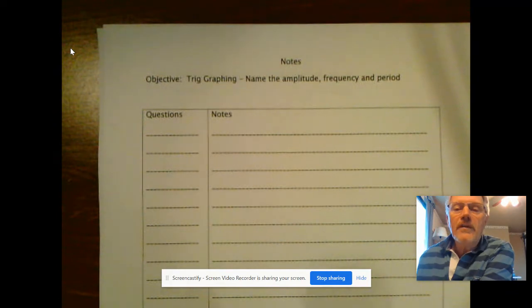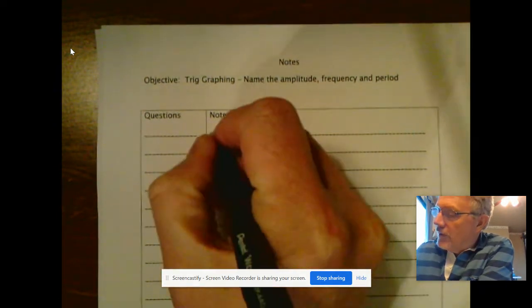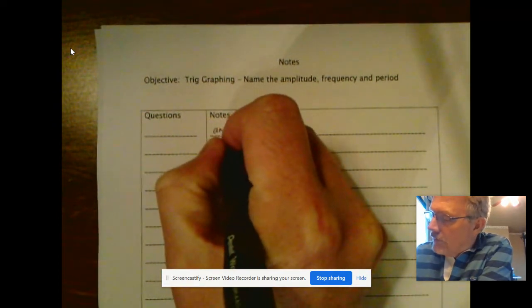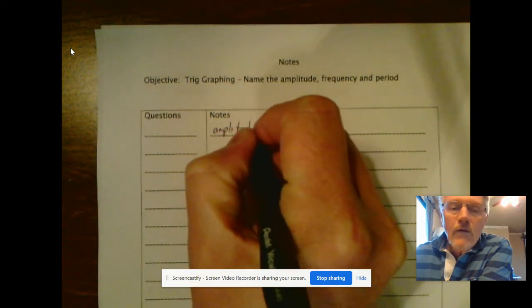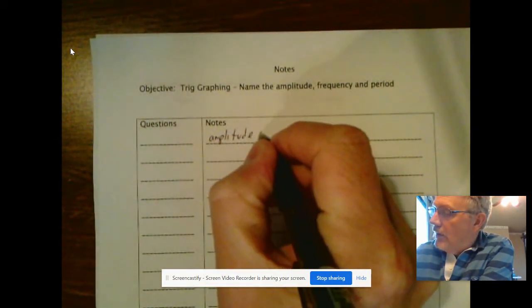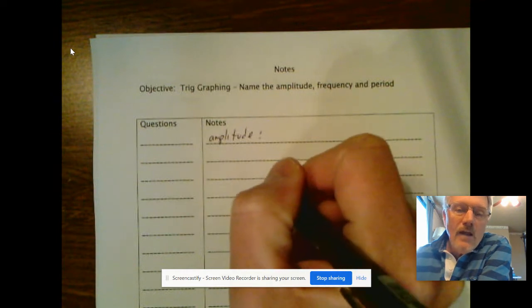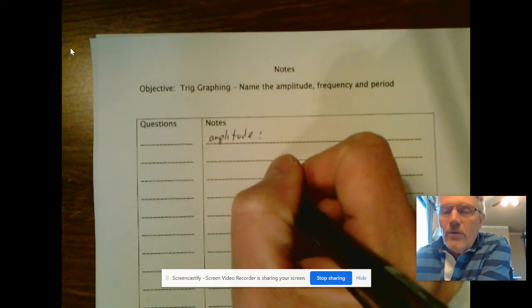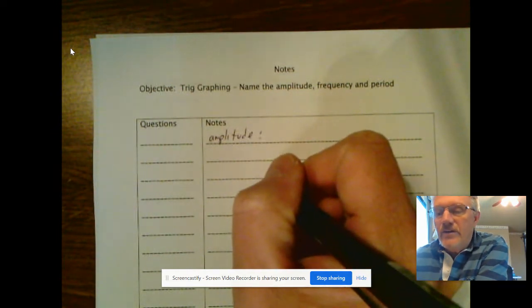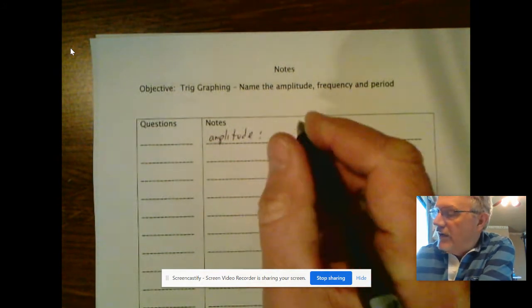All right, so there we go. So we're talking about the amplitude, the frequency, and the period. So the amplitude, right, is, well, you want the textbook definition or you want the plain everyday definition? I'm going to give you the plain everyday one first.